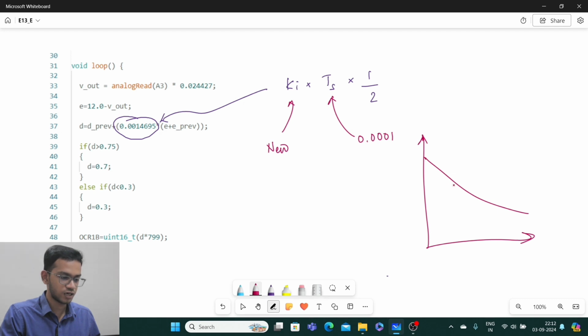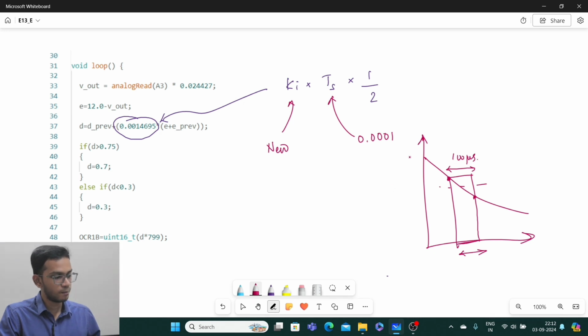If you have seen my video already, the area of this rectangle is the average of these two multiplied by this width, right? And these are two consecutive samples, and we have now found that for two consecutive analog reads to happen, the time taken in between is 100 microsecond.